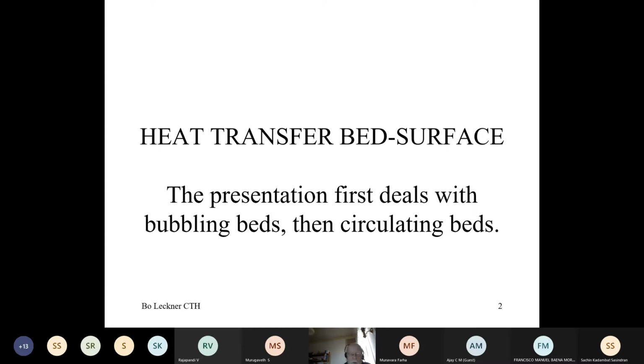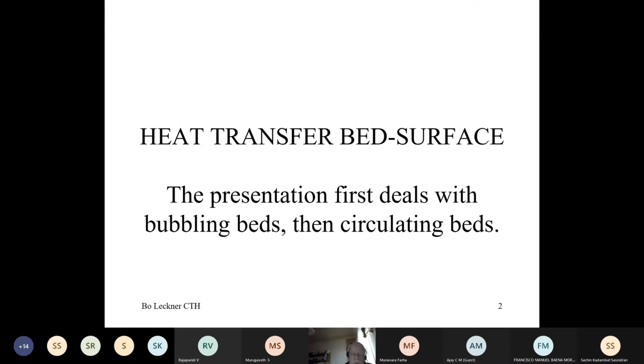Traditionally, heat transfer was very much studied in bubbling beds to heat transfer to tubes in the bed, because when fluidized bed combustion was started, it was thought that bubbling beds were the actual beds to be used, and to cool the bed, heat transfer tubes were necessary in the bed.